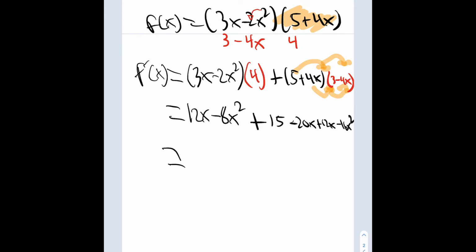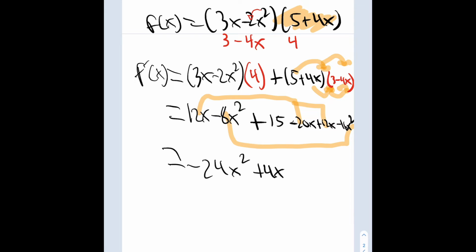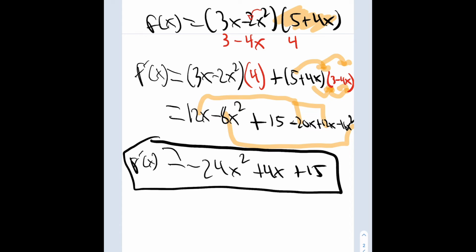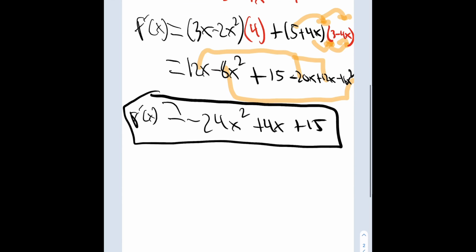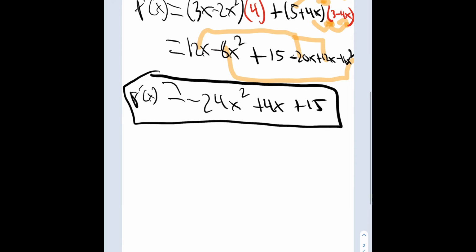I see negative 8x squared and negative 16x squared, and 12x and 12x. That gives us negative 24x squared plus 4x plus 15. So our final derivative using the product rule is negative 24x squared plus 4x plus 15.